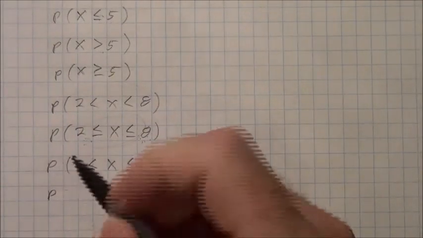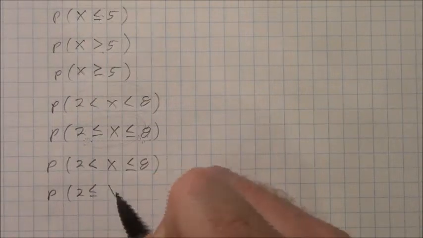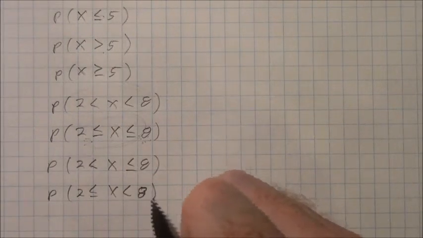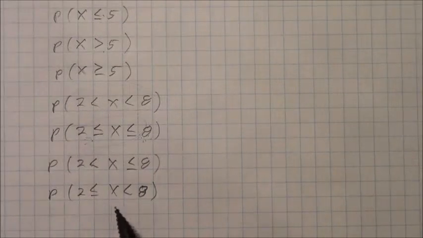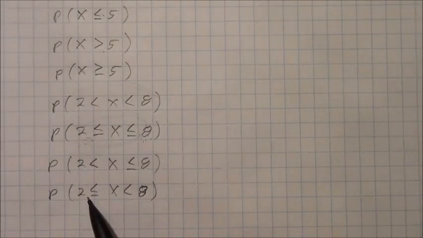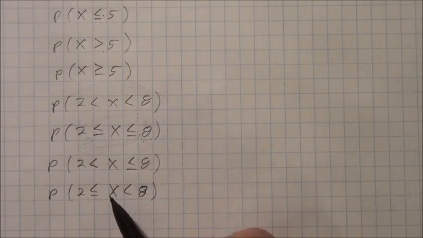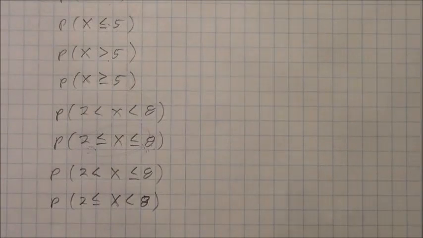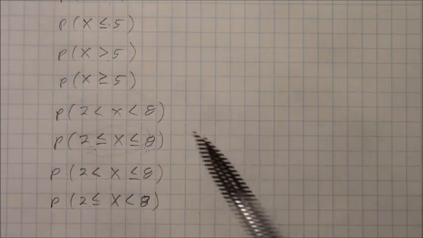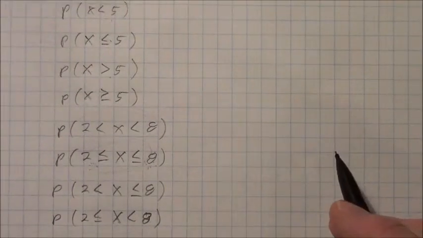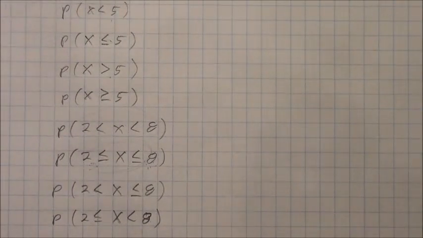And then of course we could have 2 less than or equal to x less than 8, and that means that x is at least 2, but definitely less than 8, which means it would be from 2 to 7. Okay, there's a table of this in your textbook that you can take a look at in section 23b, and that's all the nitty-gritty of it. It'll all come together when we see the examples in class tomorrow.